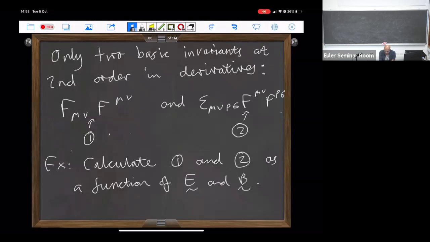The other one, 2, is two F mu nu uppers, but with different indices, with the 4 indices contracted by the epsilon tensor. An exercise for you is to calculate both of these as an explicit expression in terms of E and B.